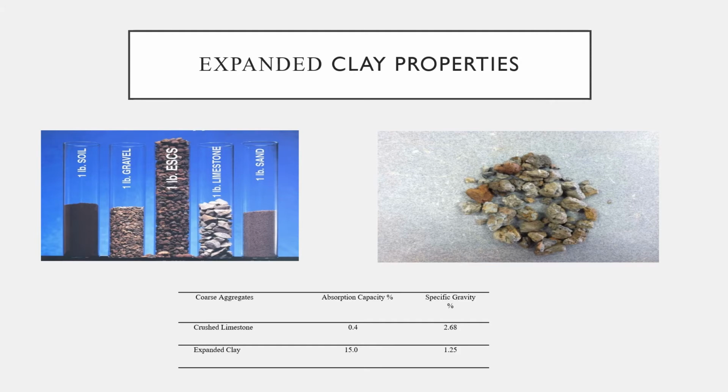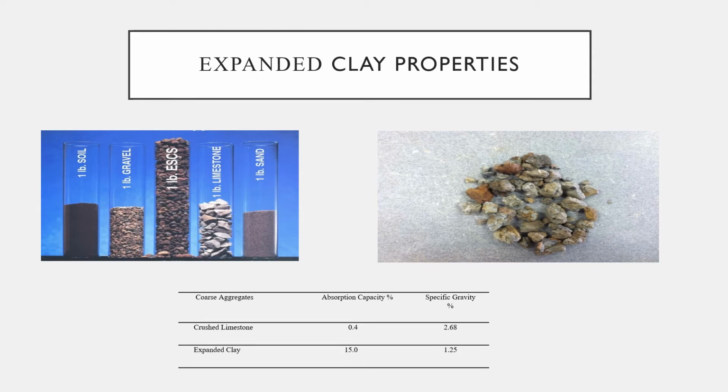In my research, I've been using expanded clay as a lightweight aggregate as an agent in the internal curing of concrete. Expanded clay, as compared to regular coarse aggregate produced by crushed limestone, has a much higher absorption capacity for water. If you look at this table, we're talking about 15% compared to 0.4%.